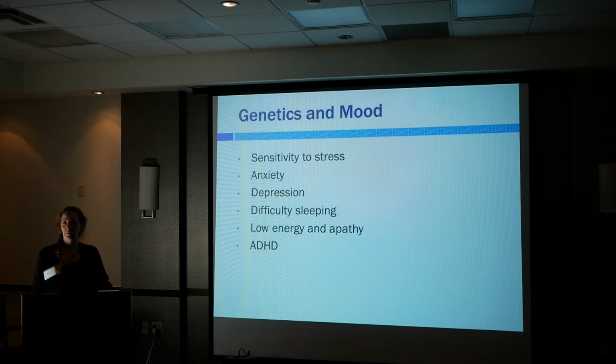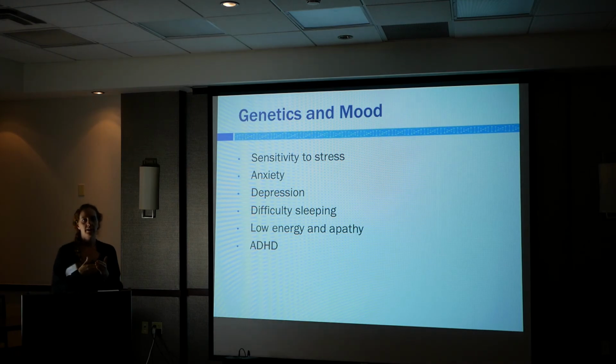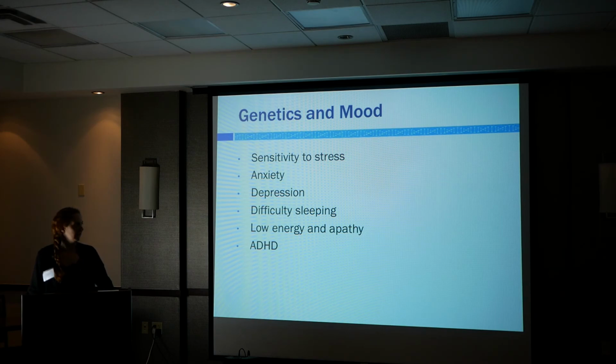Are they a type of person who has a stressful event and then holds on to that for the rest of their life? That has a lot to do with dopamine levels. Anxiety, depression, difficulty sleeping, ADD, ADHD, low energy. These are all symptoms of neurotransmitter imbalances which can have a basis in genetics.